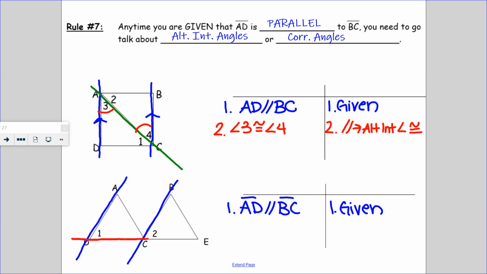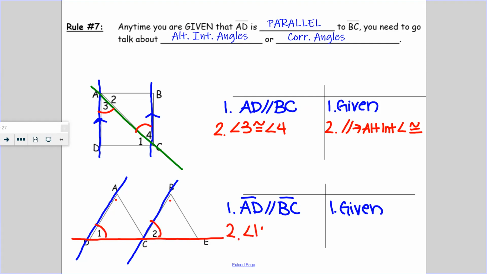So we're going to use D to E as the transversal. What two angles are congruent, and they have to touch the parallel lines and the transversal? Is it A and B? Do those touch the transversal? No. Do 1 and 2 touch the transversal? Do they also touch the parallel lines? Yes, so it'd be angle 1 is congruent to angle 2.